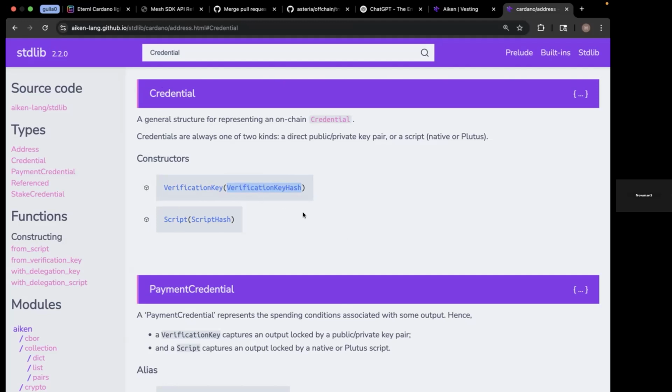It's interesting to hear that different frame of reference, because working with Asteria, to use that terminology, all these credentials and the logic of the validators are handled with script addresses as opposed to wallet addresses.